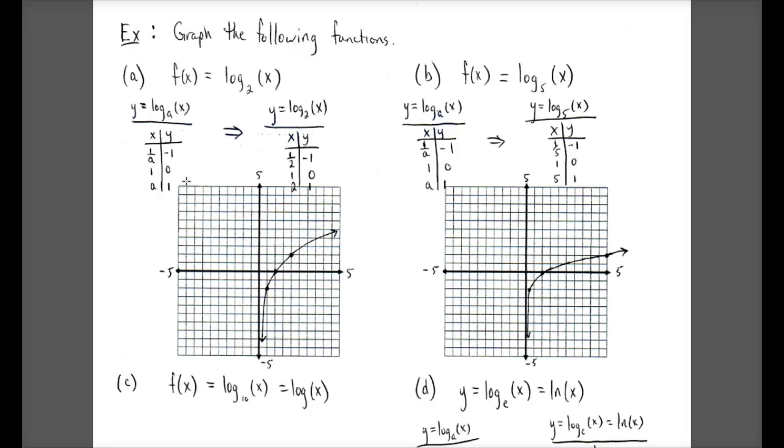And so in this instance, we know that log base 2 of x, the key points for this are going to be these points here. And so one of the things that I recommend is that if you don't want to memorize the logarithm key points and the exponential key points, one thing that you can do is just memorize the exponential key points, and then just know whenever you're dealing with a logarithm, you need to flip those x and y coordinates.